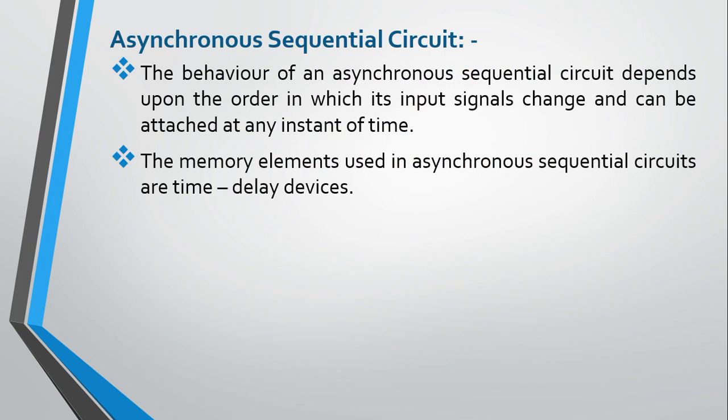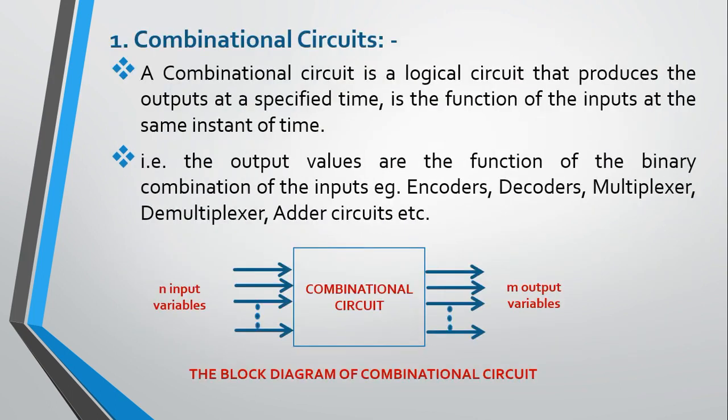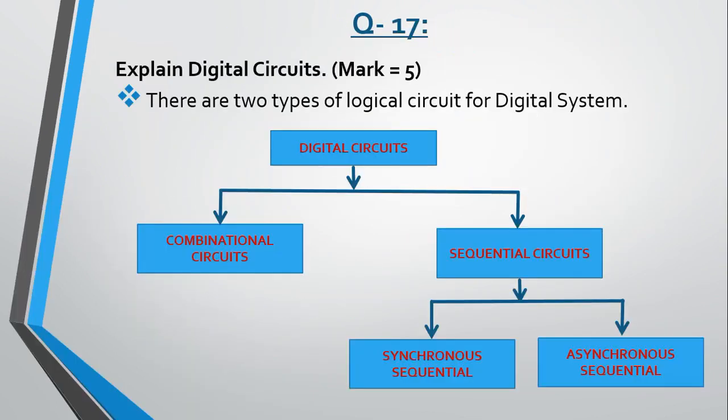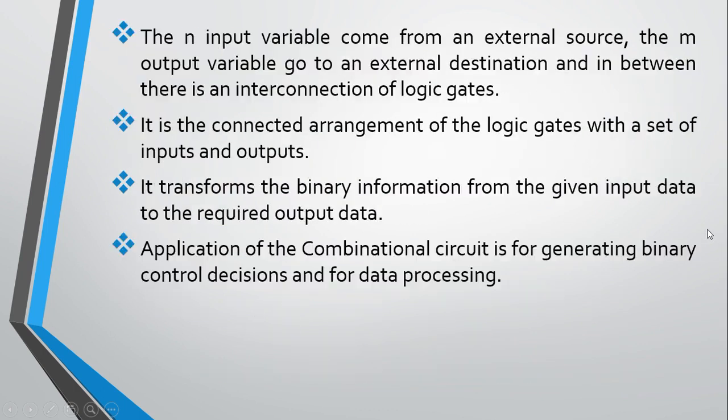There are two types of sequential circuit we have seen in the diagram over here. I have told you that there are two types of sequential circuit. One is called synchronous sequential, second is called asynchronous sequential.